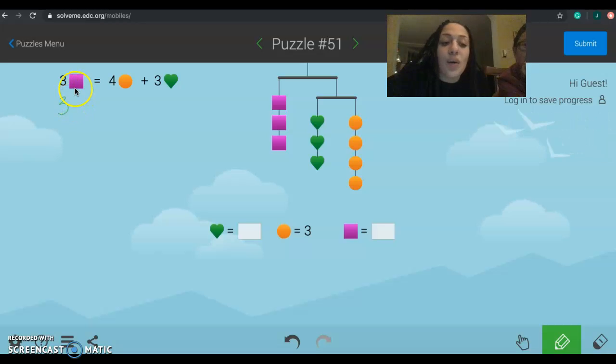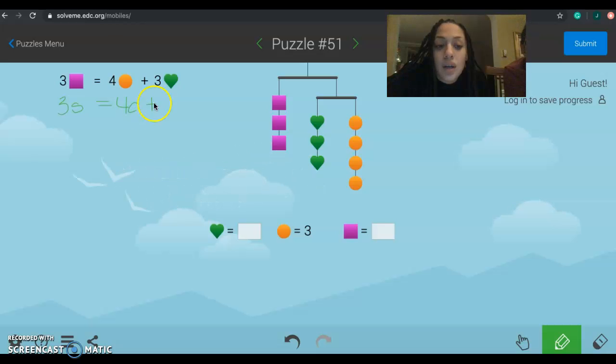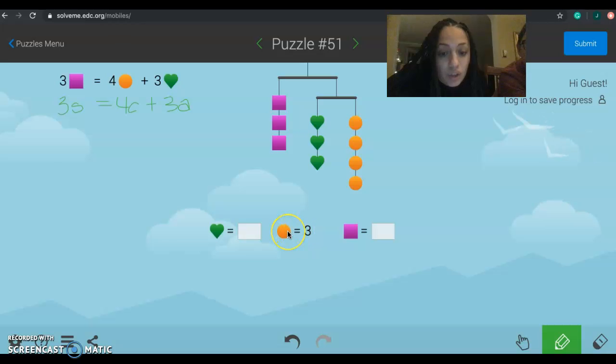So let's write S for square equals 4 circles. The C is for circles plus 3, which we use for the hearts. What letter? A. Okay, we could do that. So we know right here a circle equals 3. So we could plug that in right here.